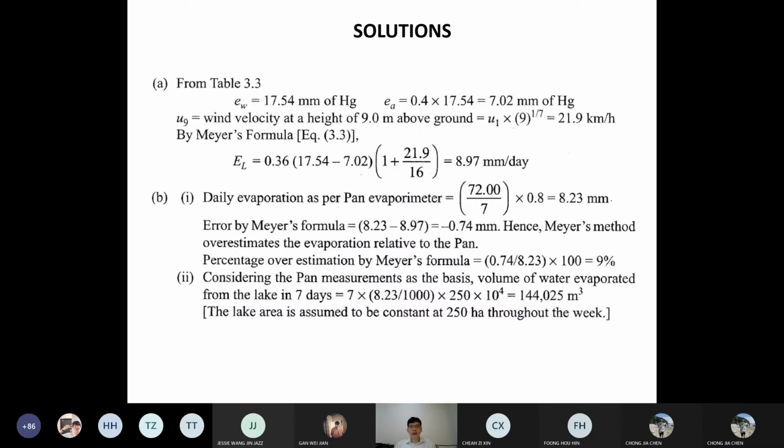a year is 365 days. That means that the evaporation of this reservoir is 3,650 mm per year. And our rainfall is close to about 2,000 mm per year, is it, in Malaysia? So the evaporation at the lake is quite high.